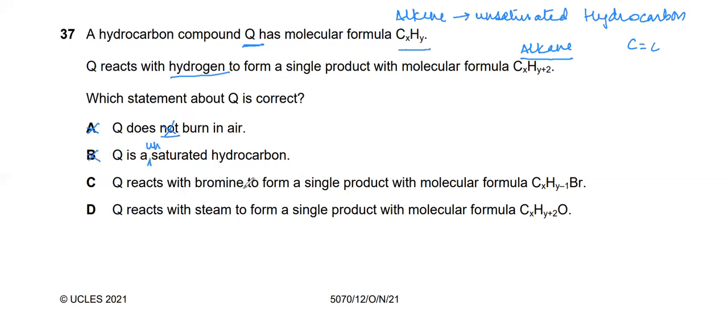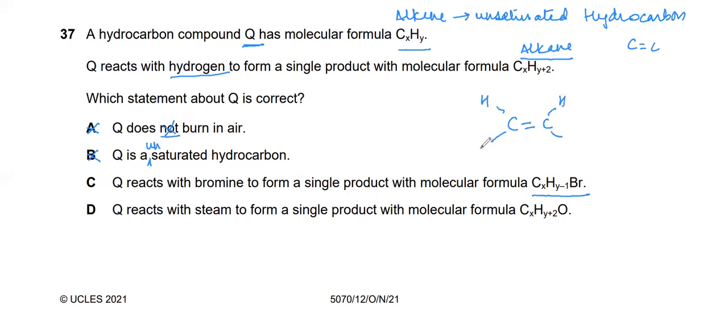Q reacts with bromine to form a single product with a molecular formula CxHy-1Br. It's not going to be minus here. If we take an alkene, ethene, we have C double bond C and 4 hydrogens.